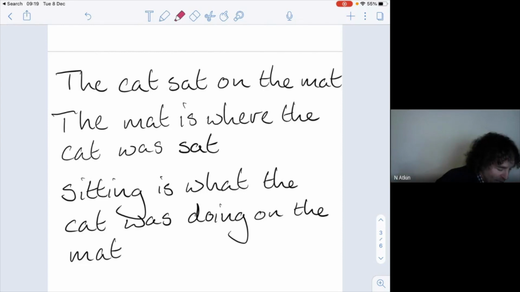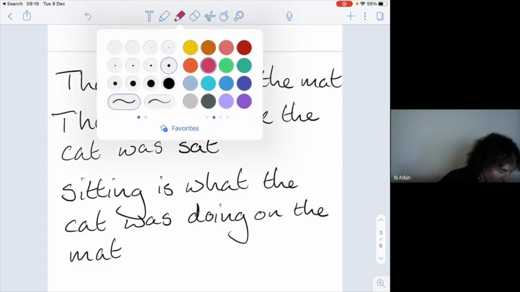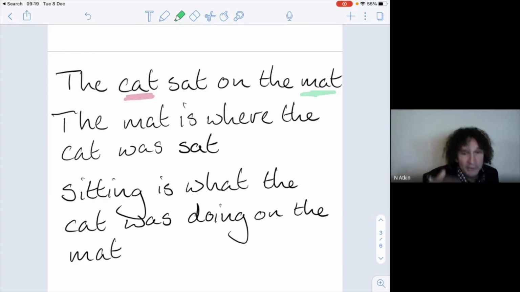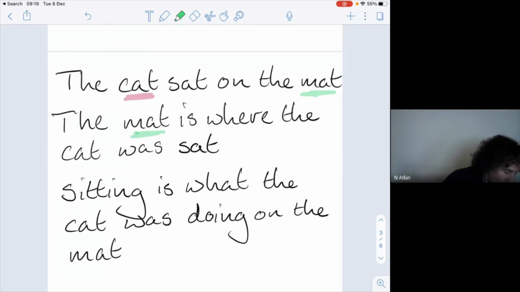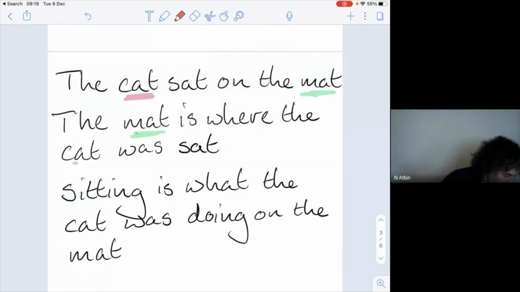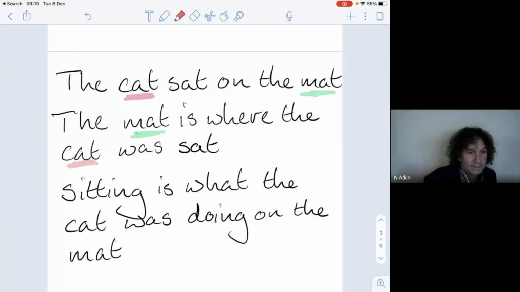The first sentence here: the cat sat on the mat. I'm going to do something called changing the subject. The subject is the mat, where the cat was sat.